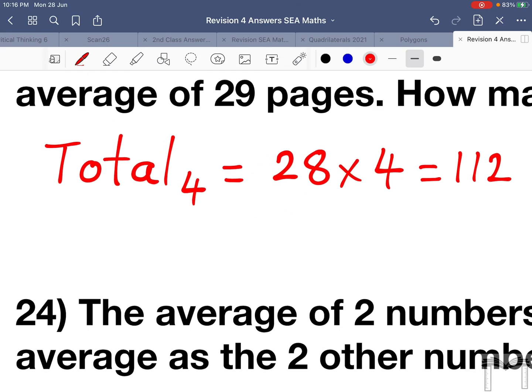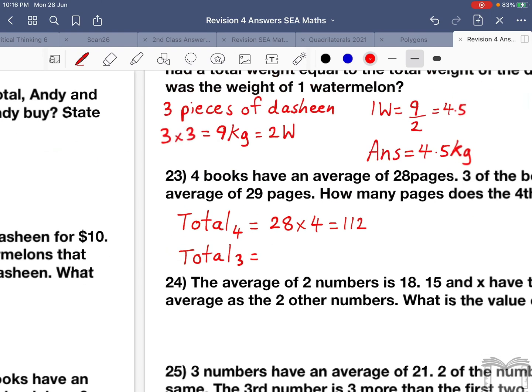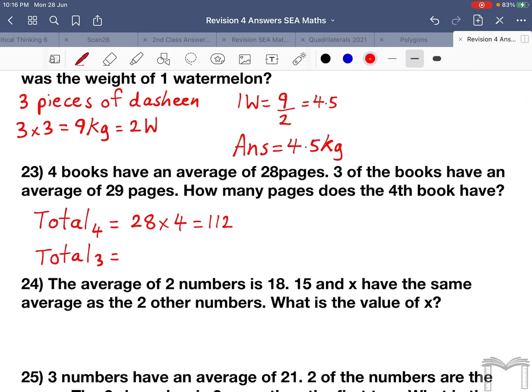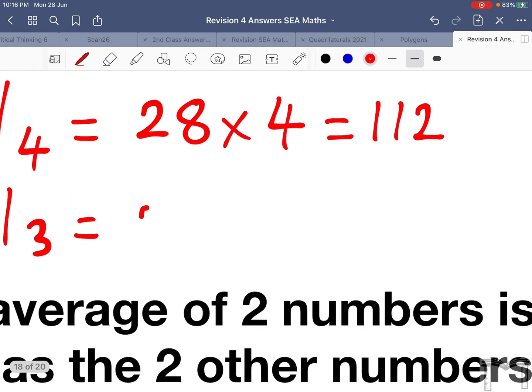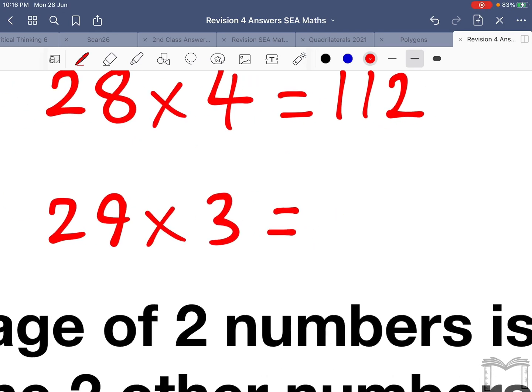And we find the total for the 3 books, which is 29, the average of the 3, multiplied by 3. 29 times 3 is equal to 87.